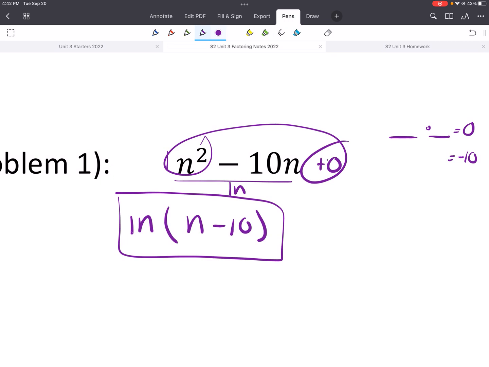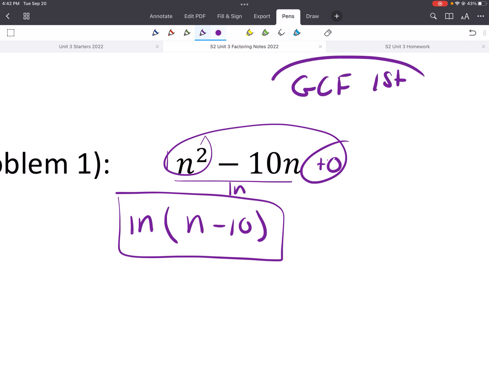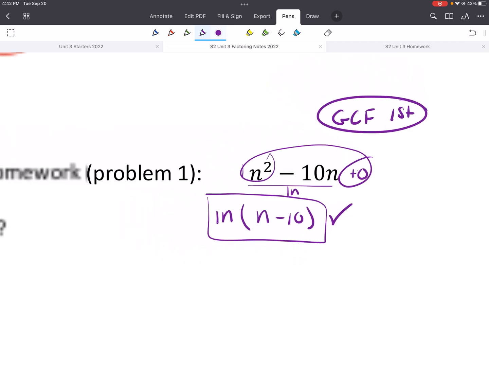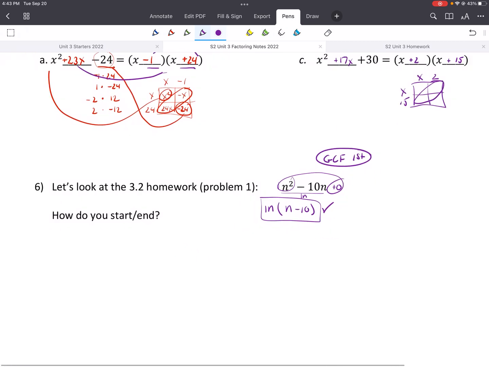And then you do something like 0 and negative 10. But then you'll end up getting the same thing. It's just like a circle that keeps going back, and you'll never find something that works. But if we find the greatest common factor first, then you're just done. So always check on greatest common factors first.